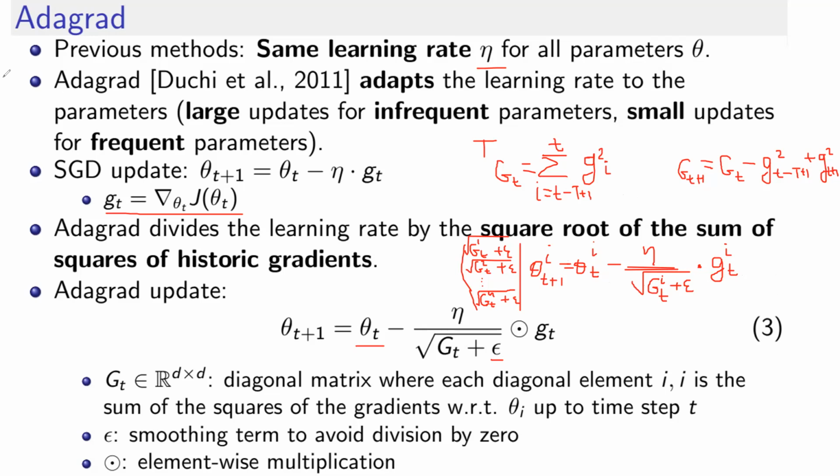And that's how Adagrad works. So we're adjusting the learning rate based on how much we changed this exact component of theta in the past. That's the whole idea.